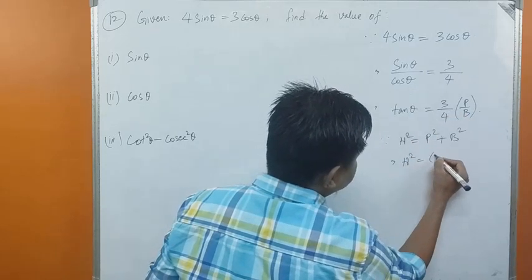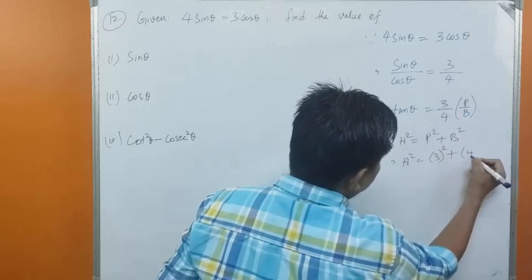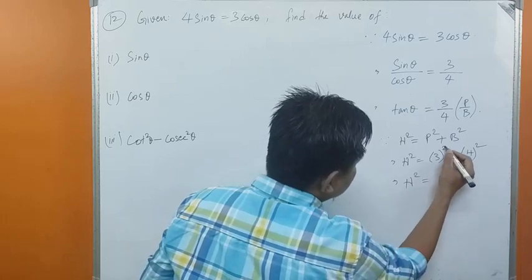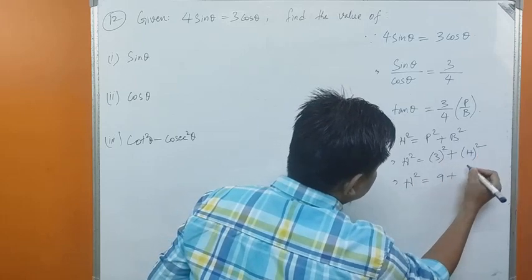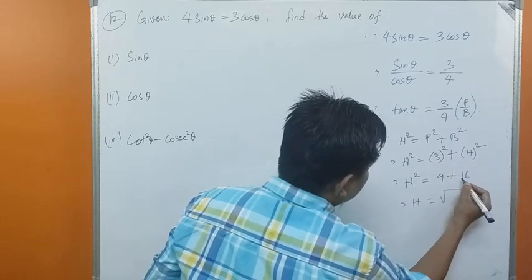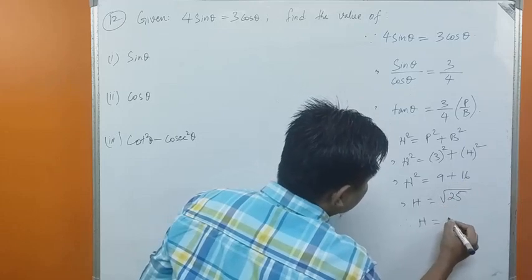P is 3. What is b? B is 4. So h square equals 3 square is 9 plus 4 square is 16, or h equals root under 9 plus 16 is 25, isn't it? Therefore h equals 5.